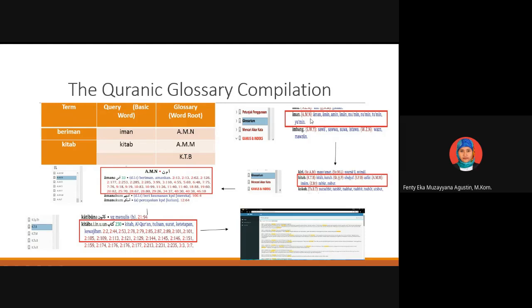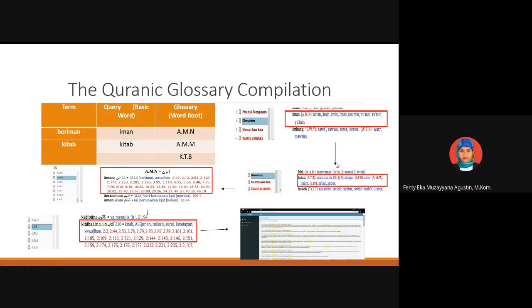In Arabic: amana, amin, iman, mu'min, nu'min, tu'min, and yu'min. This word has many meanings. And kitab is from kaf, ta, ba, kataba. It means kitab, kutub, suhuf, and many meanings.